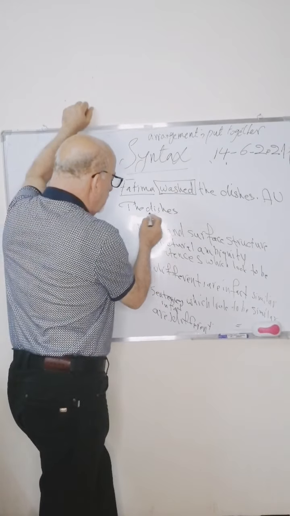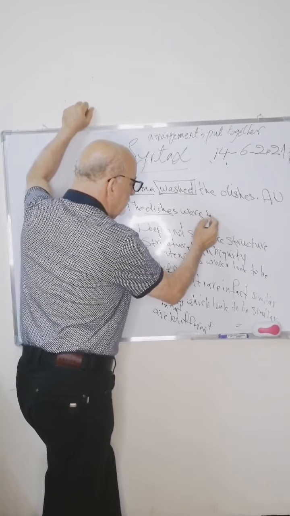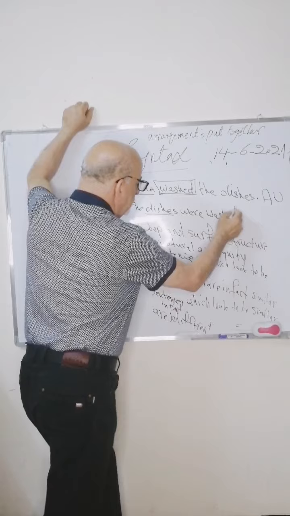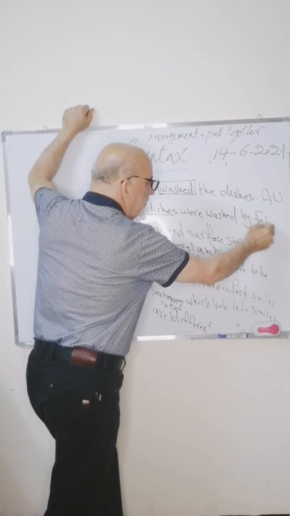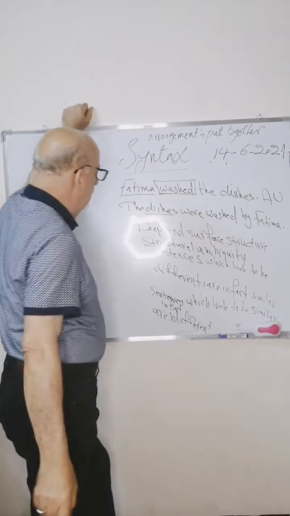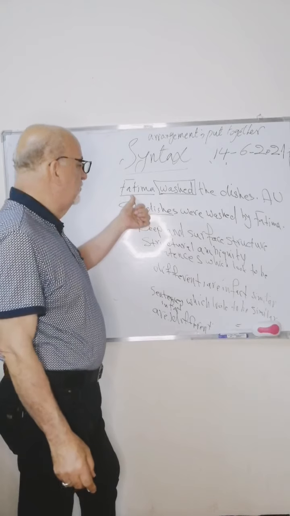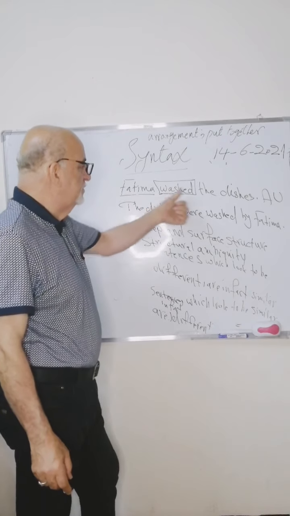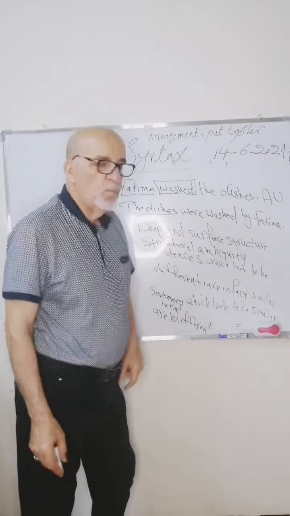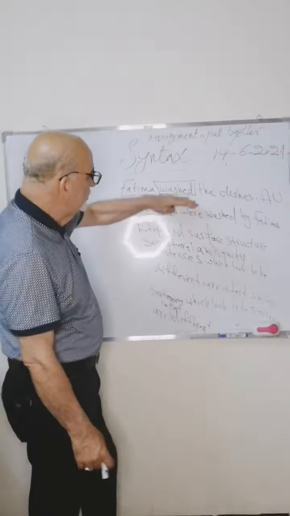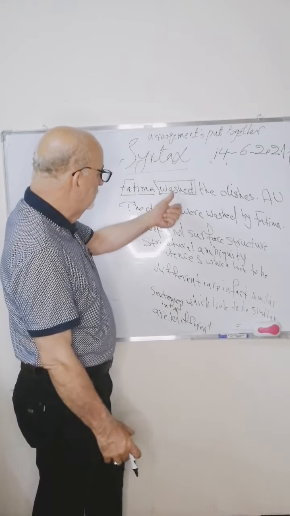Because this is plural, good, were plus past participle. Were washed, the dishes were washed by Fatima. Now here, the focus is on Fatima. What did Fatima do? Fatima washed the dishes. Here the focus is on the dishes. What happened to the dishes? The dishes were washed. Now these two sentences are of different structures.